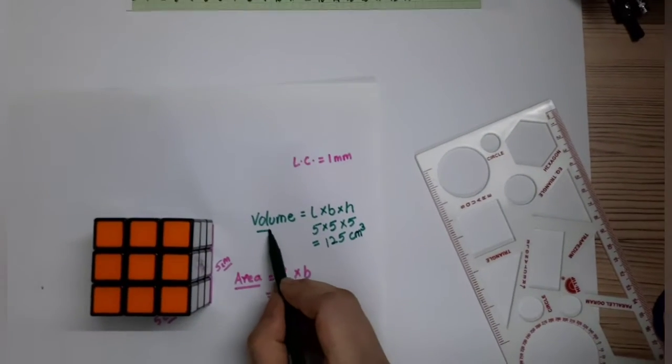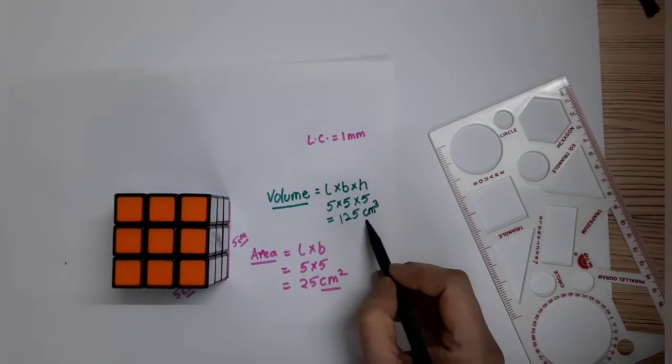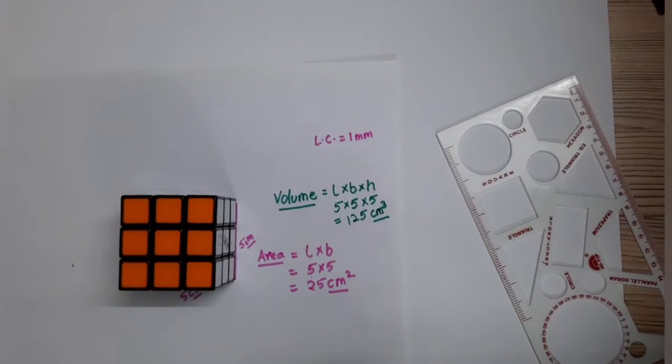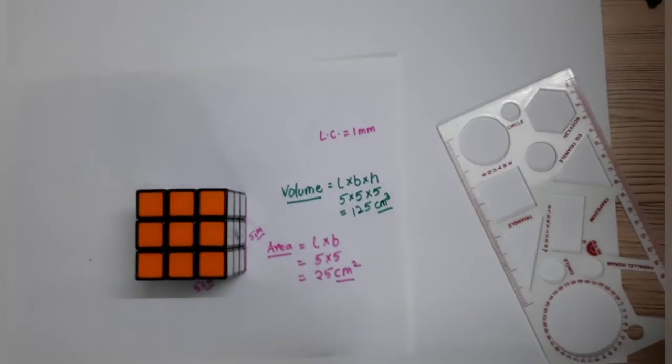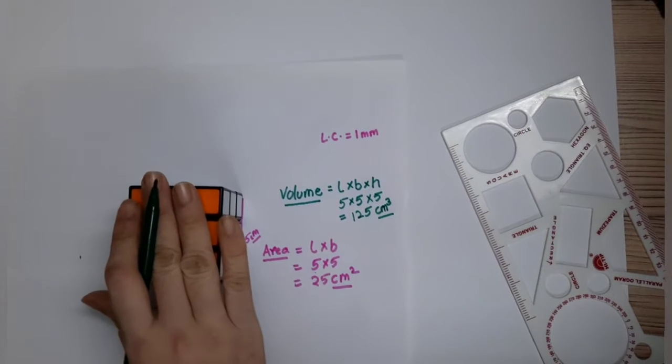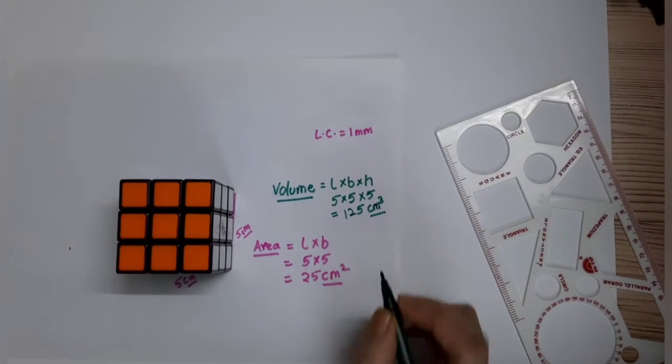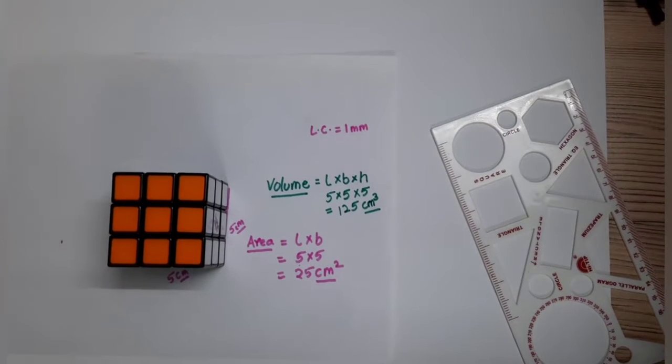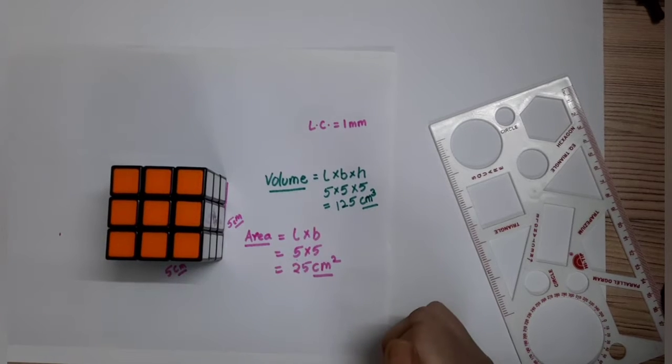So the measurement unit for volume becomes centimeter cube. This is how we measure the quantity or volume in terms of units. It is a regular shape, so it is easy to calculate.